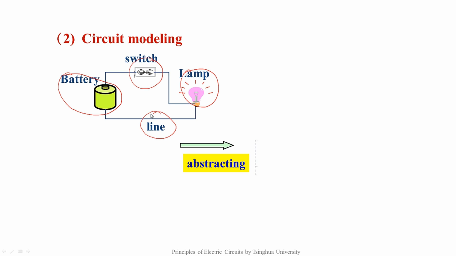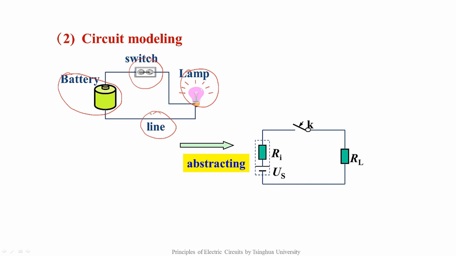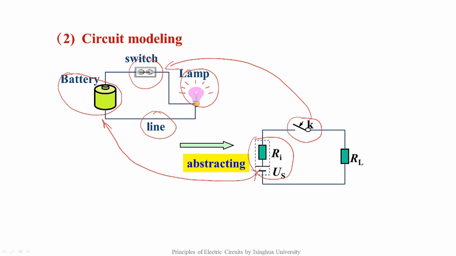One of the simple models is like this. We use a resistor and a voltage source connected in series to represent a battery. We use an ideal switch to represent a real switch. We use a linear resistor to represent a bulb. We use ideal lines to represent the real connecting lines.